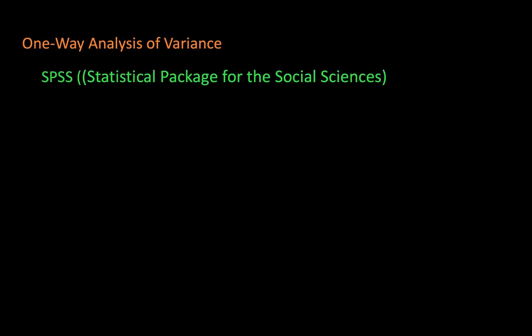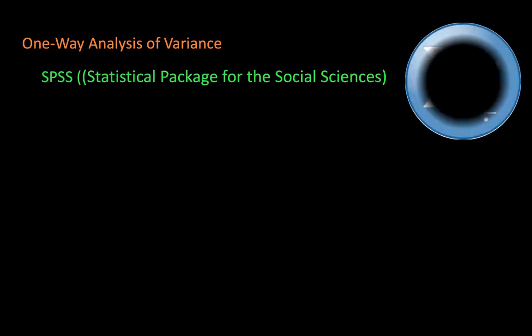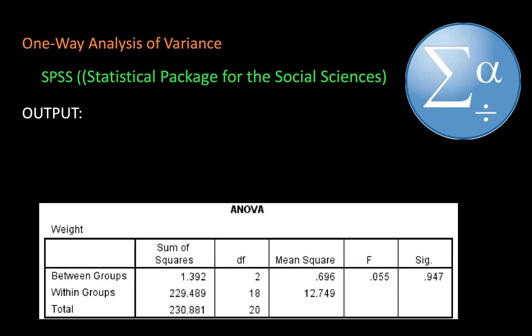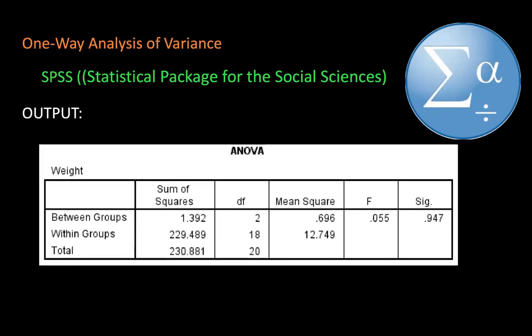We used SPSS, the Statistical Package for the Social Sciences, to get this output. Here's the logo for SPSS. The output of SPSS for ANOVA is as follows. We can see the between groups, within groups, and total sum of squares, and the degrees of freedom corresponding to each one.